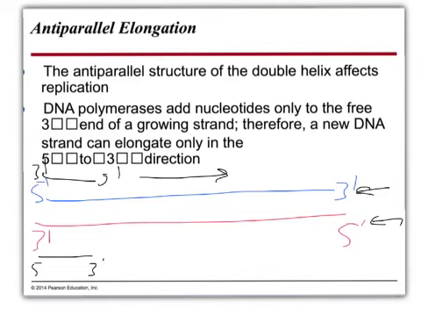No, right? It can't occur very well because it doesn't have a free 3' OH. On this strand down here, elongation can occur very easily because it has your 3' hydroxyl, the OH group. So this is what's called the leading strand.